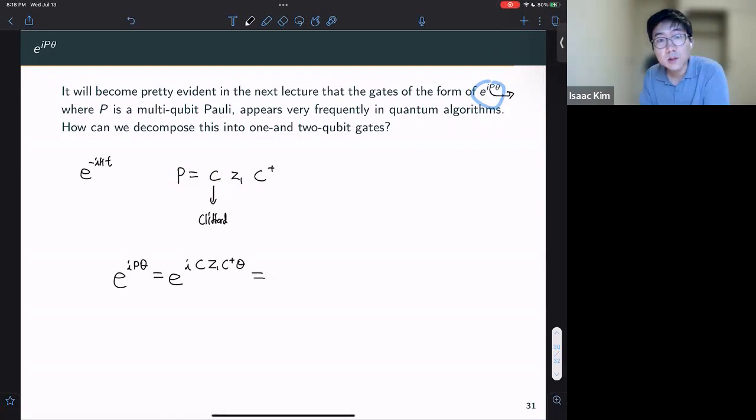And C is a unitary because that's a Clifford. And this is equal to C e to the I Z1 theta C dagger.